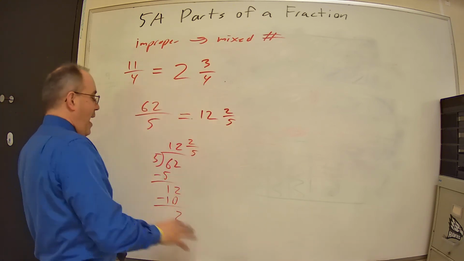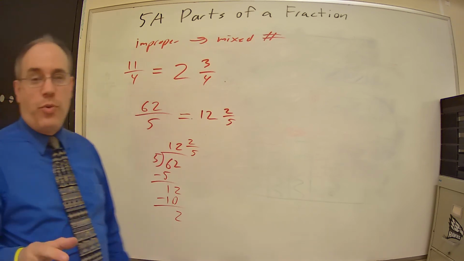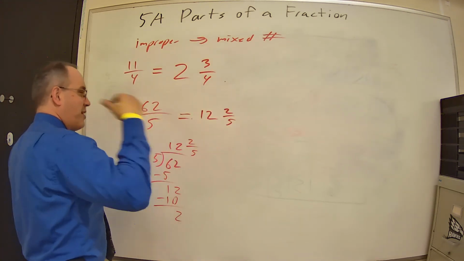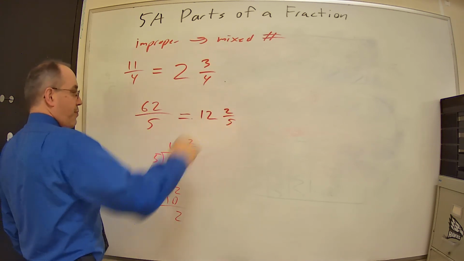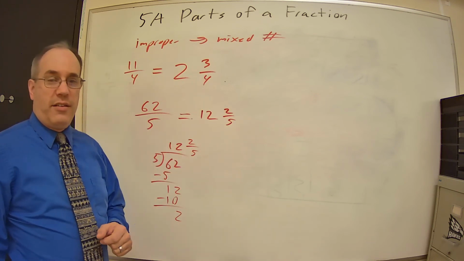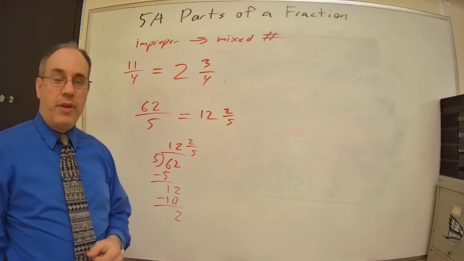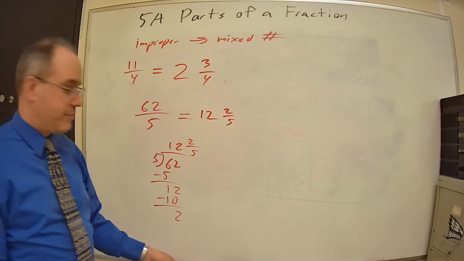Once you get practiced with it and you know how to do this long division, that's where you start talking through the long division as you do it, but just with an improper fraction getting switched to a mixed number without having to write out all the division.